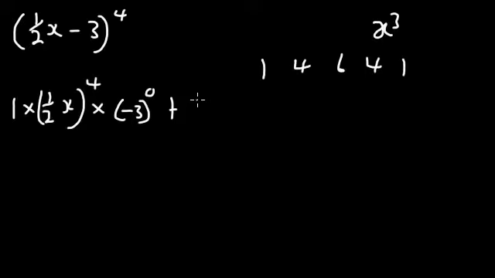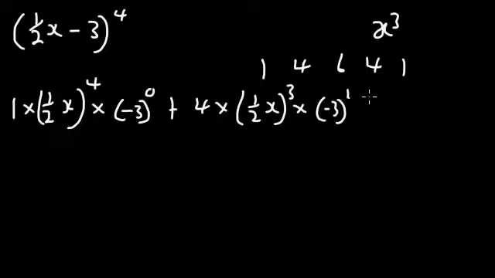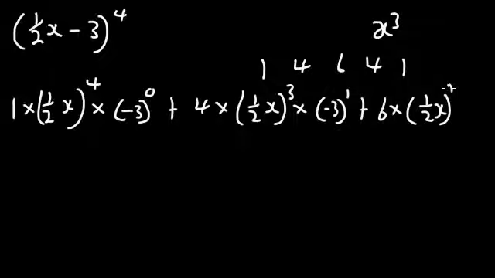Then plus 4 times, again 1 over 2x. So this decreases to 3. Again multiply by negative 3 raised to the power of 1. And continuously we have 6 times, again 1 over 2x. Then raised to the power of, it decreases to 2. Again multiply by negative 3 raised to the power of 2.